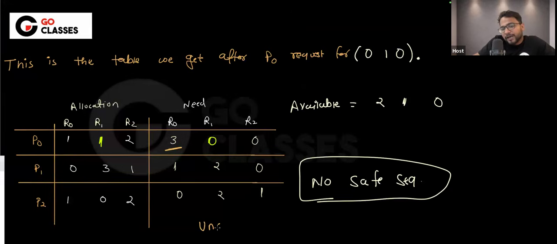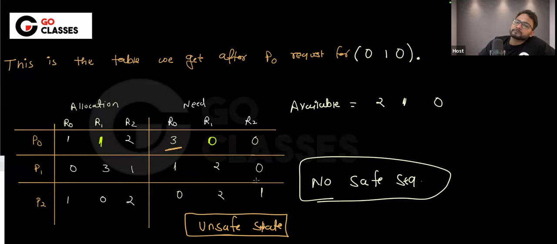This is unsafe state. Tell me, is this a deadlock? See, the problem with the deadlock is that we cannot tell with the need, because need could be an over approximation.